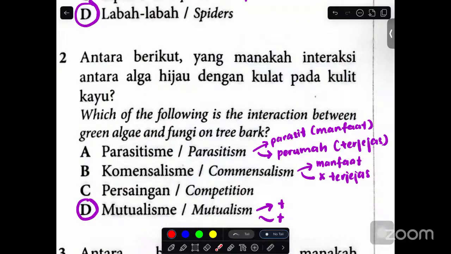It will make its own food through photosynthesis. Dan kulat ni, dia menyerap air, dia menyerap mineral and so on. So kedua-dua pun dapat manfaat daripada kulit kayu. Both of them will get the benefit from the tree bark. So that's why mutualism. Faham?